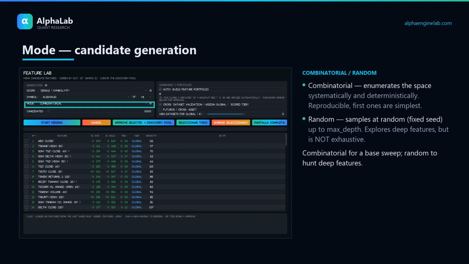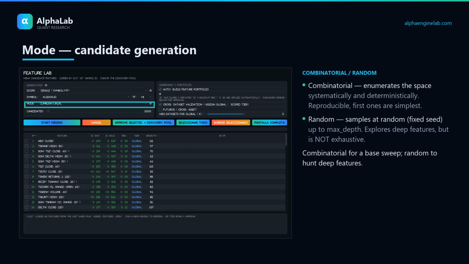The mode controls how the candidate expressions are generated. It has two modes. Combinatorial enumerates the expression space systematically and deterministically, multiplying operators by base columns by windows, up to the candidate limit. It's reproducible and exhaustive at low depth. The first candidates tend to be the simplest expressions.